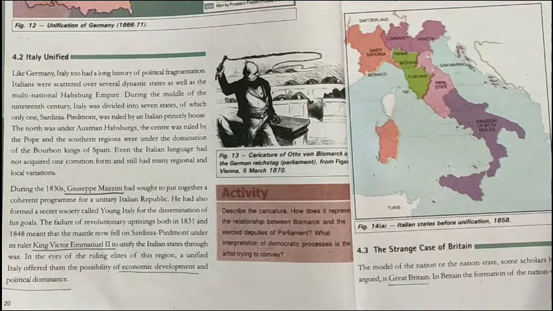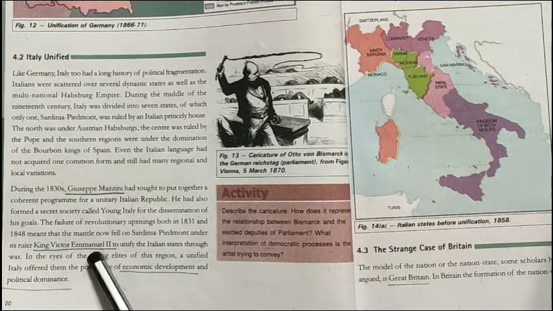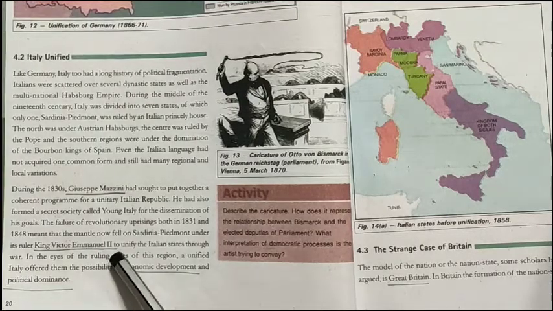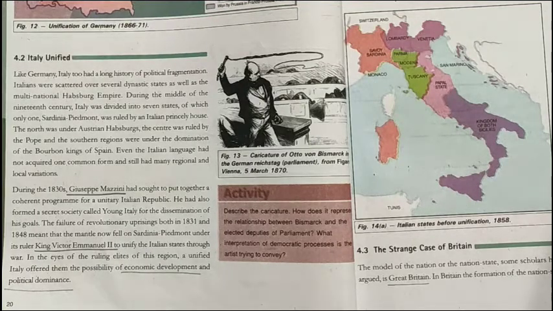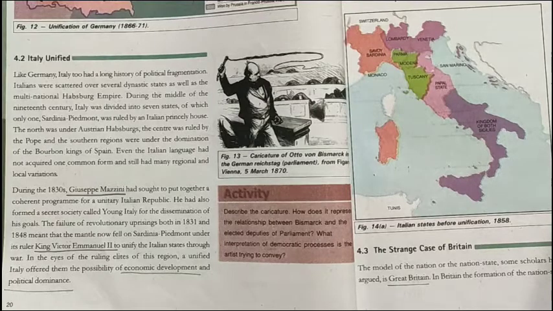It was also because of the failure of revolutionary uprisings both in 1831 and 1848 that the responsibility now fell on Sardinia Piedmont's ruler, King Victor Emmanuel II, to unify the Italian states through war. Just like German conservatives had a motive in unification, even the Italian ruler had a reason to take up this act of unification.